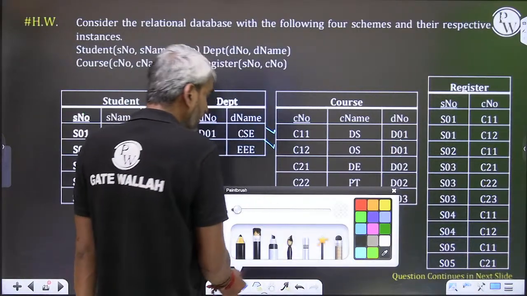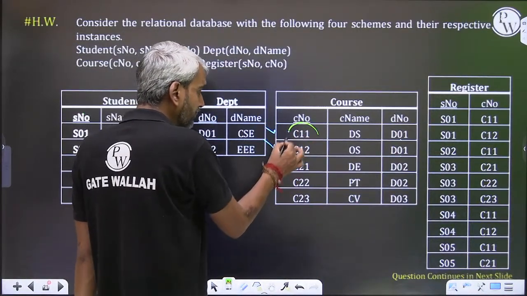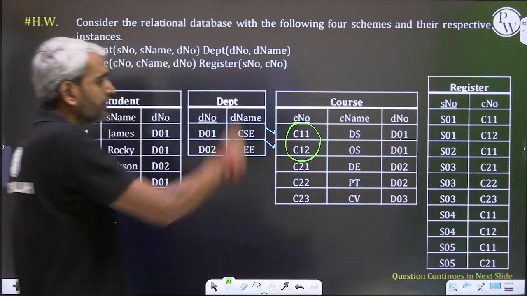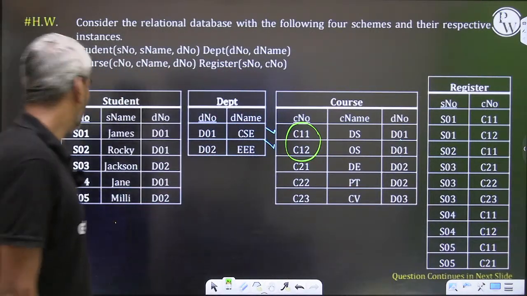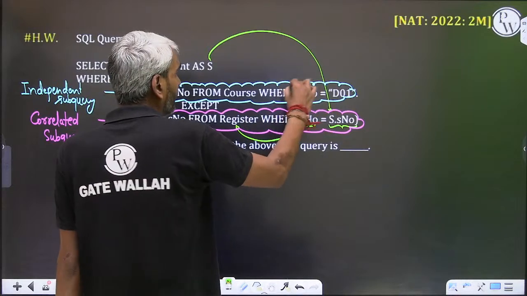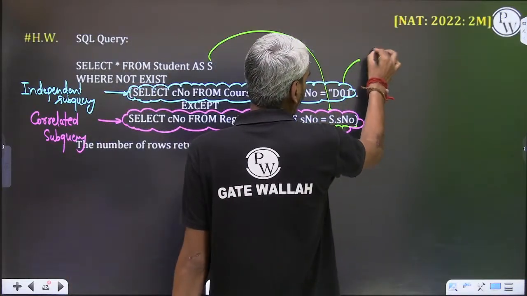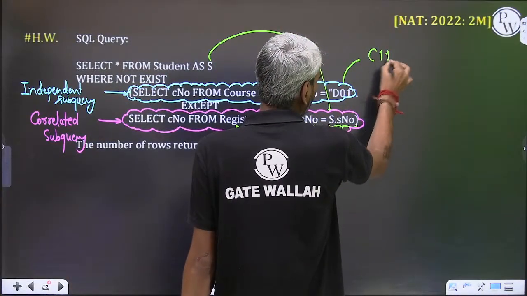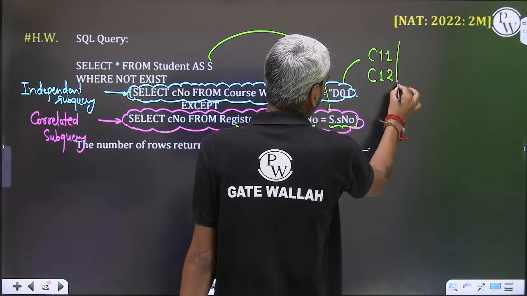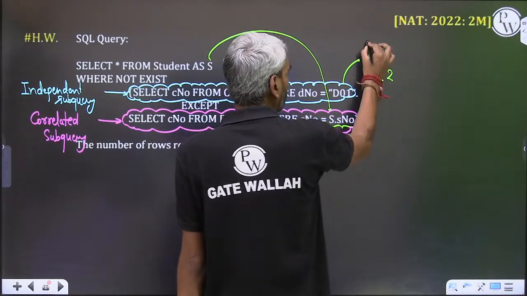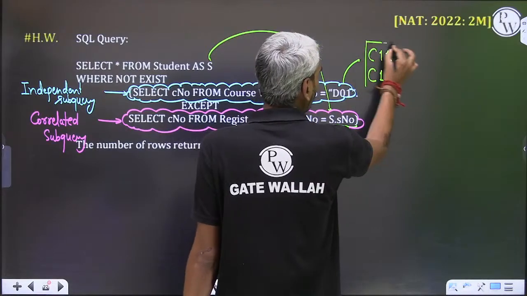So the course numbers from those corresponding tuples will be produced as output. This independent inner query will produce C11 and C12 as the output.